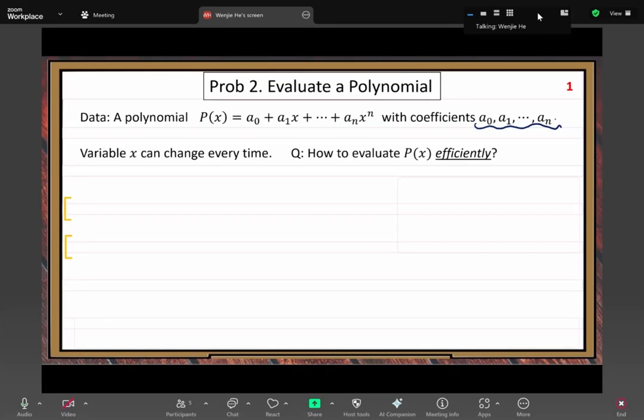Efficiently. The first time, we can ignore that. The first time, let's find the correct value of the polynomial. Everybody here knows how to do it, right? If I ask you to write a program to find the correct value of this polynomial, I believe everyone in this class can do it, because you only need to do additions and multiplications.